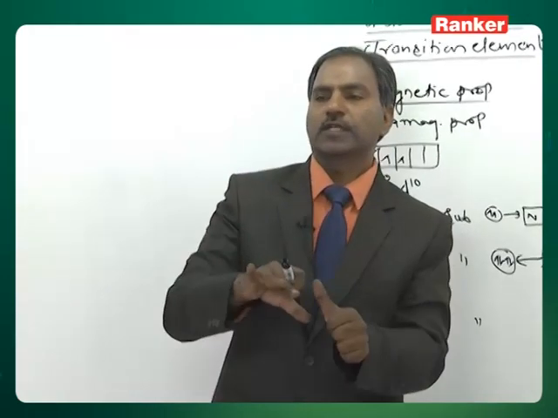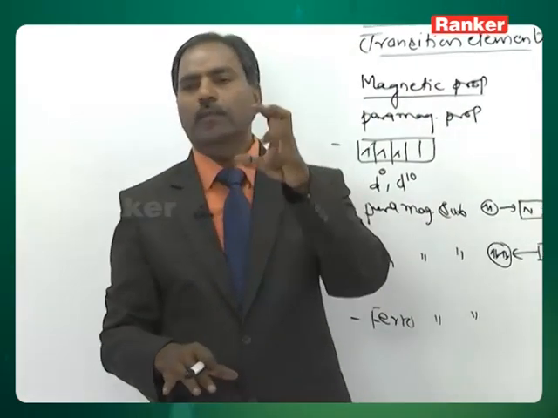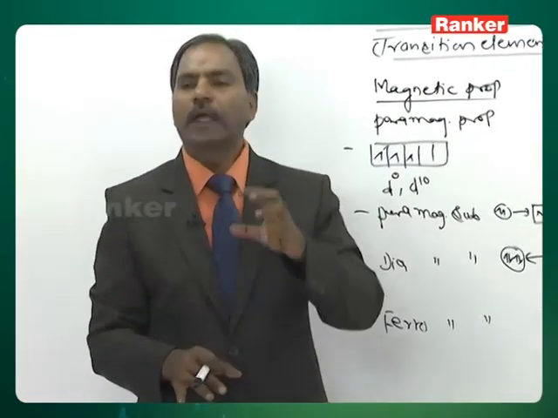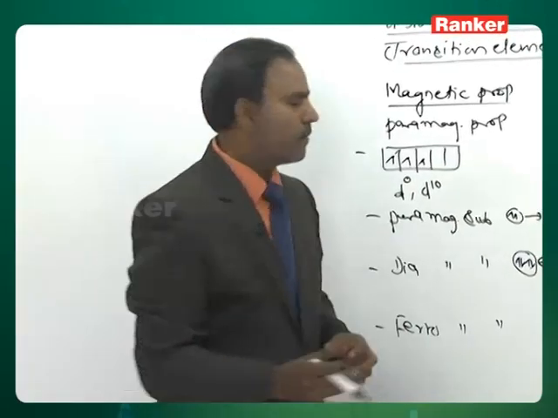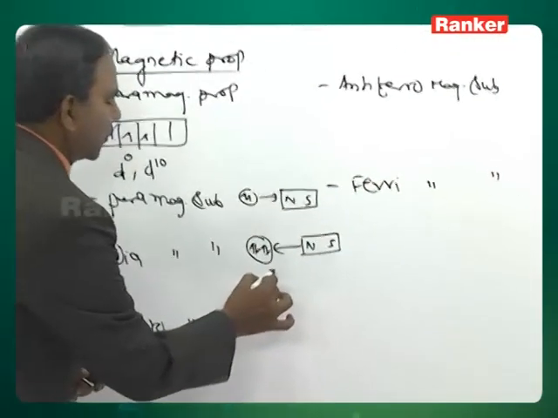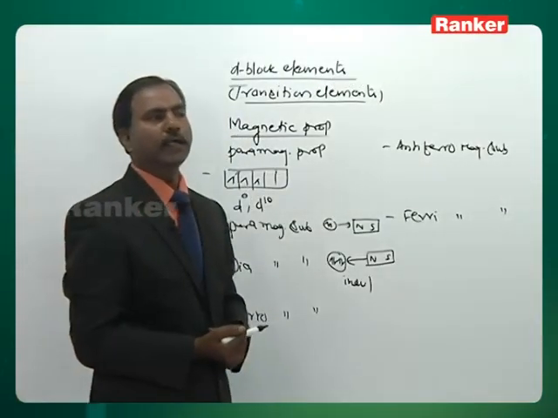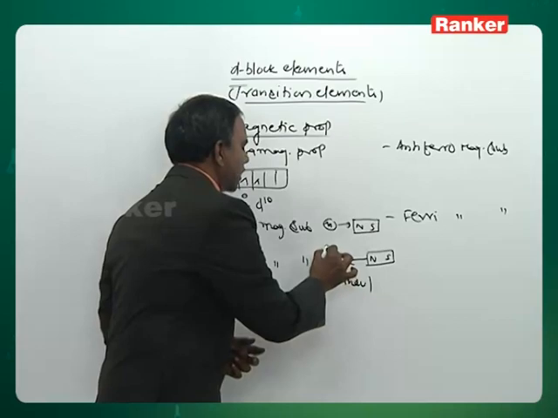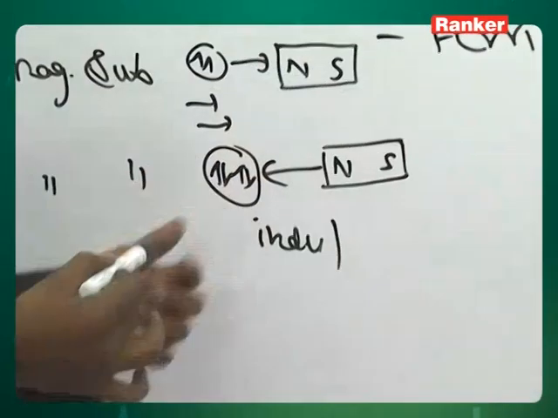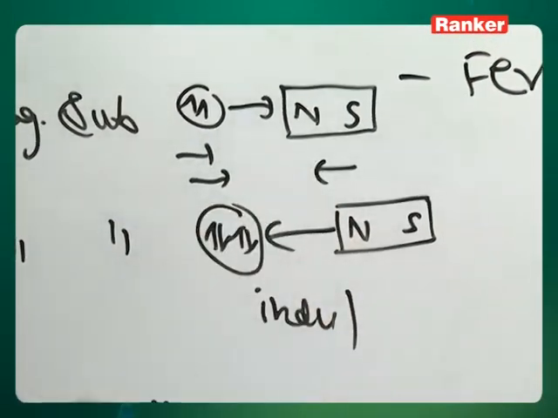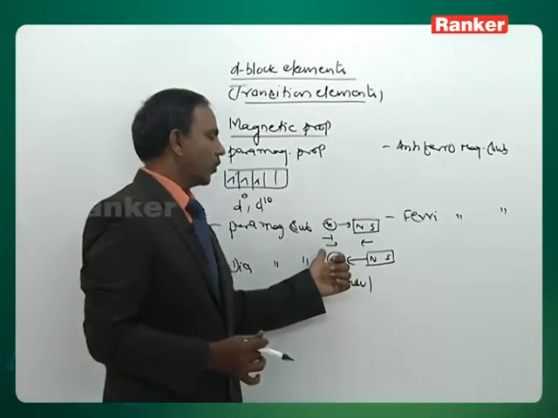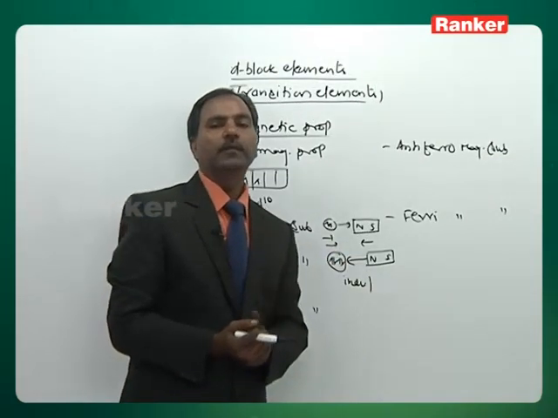Now, whenever a diamagnetic substance is put in the magnetic field, some induced paramagnetic moments are developed. These paramagnetic moments work in the opposite direction to the field of the magnet. Therefore, a diamagnetic substance is repelled by the magnet.